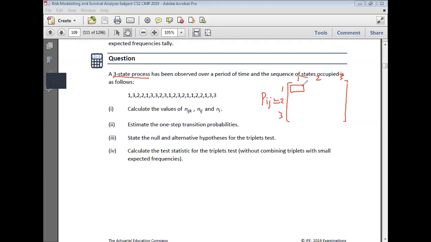So if we have a look at that, we see that there is 1 transition here, 2nd, 3rd, 4th, 5th, and 6th transition here. So I know that in total, the number of transitions I make out of state 1 is 6. Can you guys count the number of transitions I make out of state 2 as well as state 3?